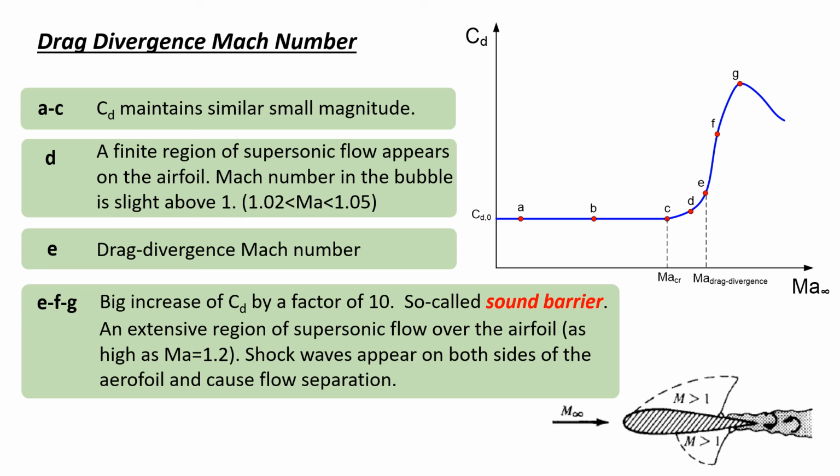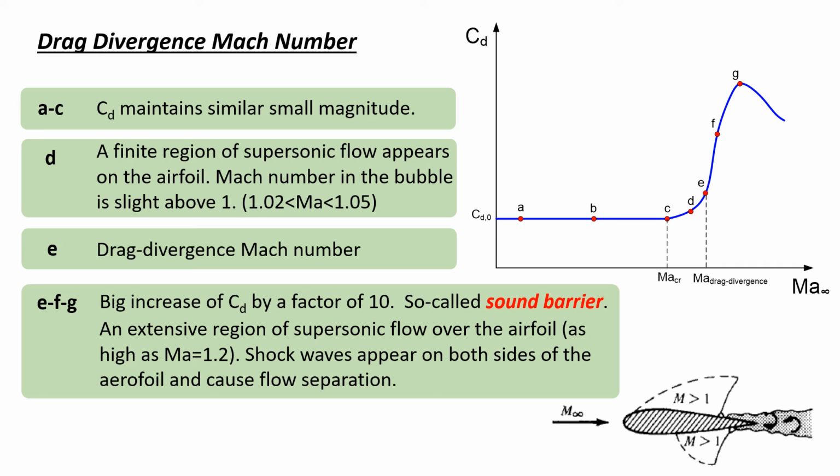Let me ask another question. Is it possible for the aircraft to fly at any point between C and E? Is that economical, or in practice does the aircraft fly between C and E? The answer is yes.